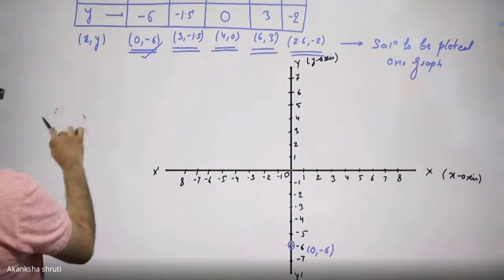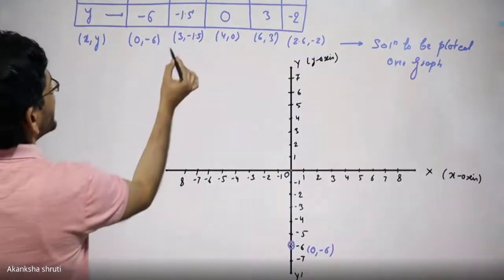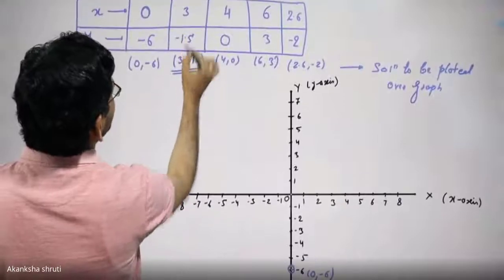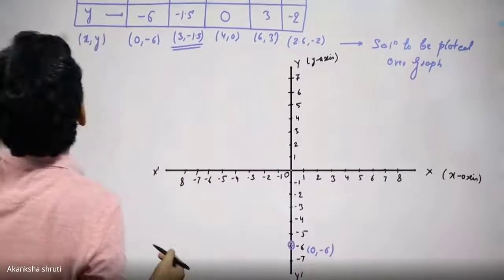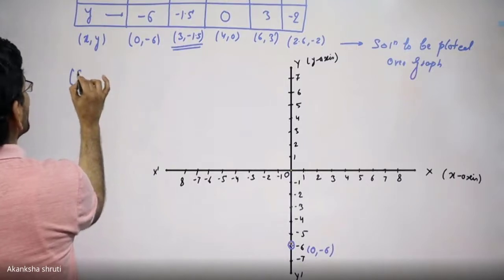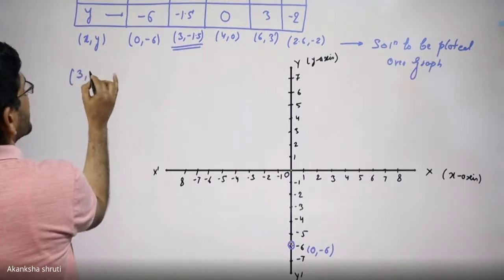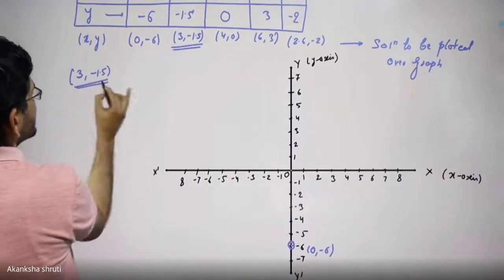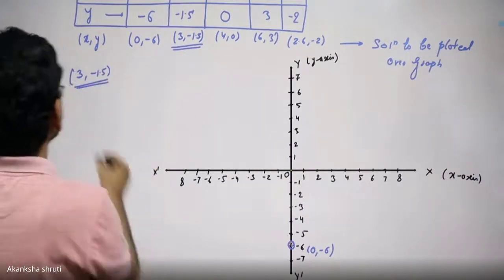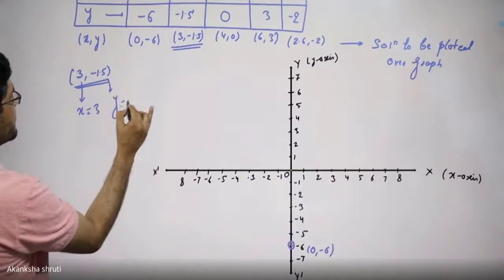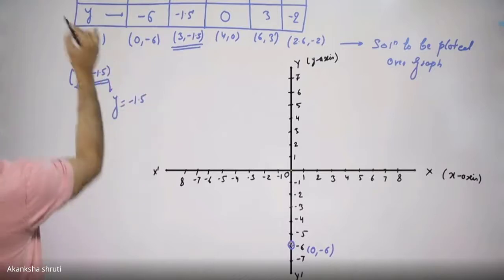Our next point, students, is the second point, x is 3 and y is -1.5. Students, recall the concept of plotting a coordinate point over the coordinate axis from chapter number 3.